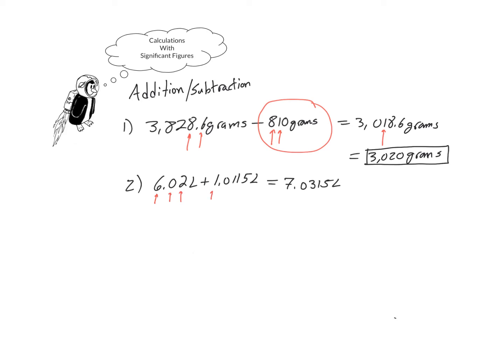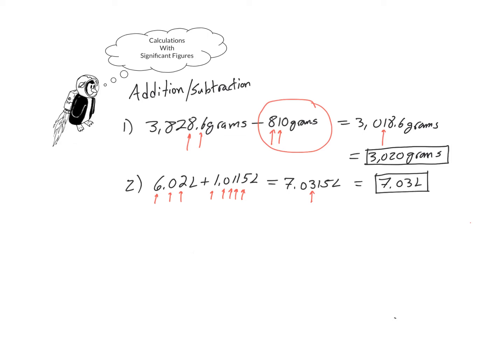The second number has a 1 place, a 1 over 10 place, 1 over 100, 1 over 1,000, and 1 over 10,000. So the 6.02 dominates our calculation, meaning we have to round our final answer to the 1 over 100th place, giving us a final answer of 7.03 liters.